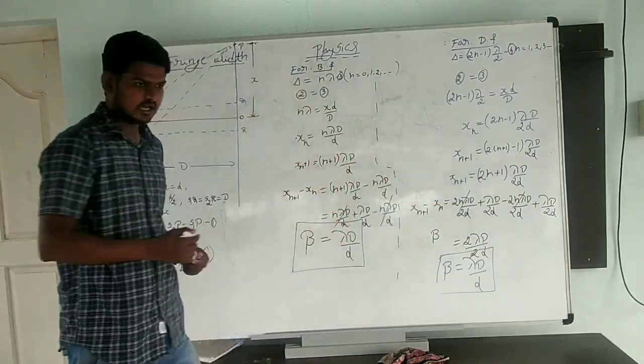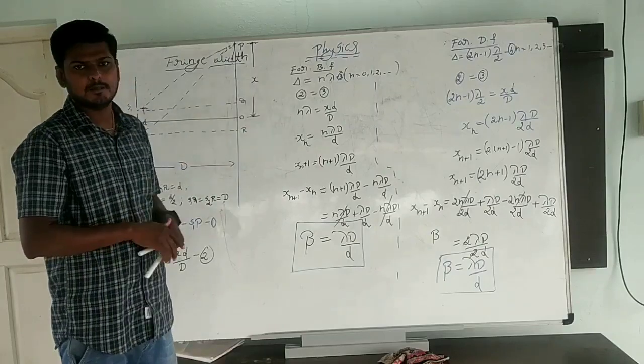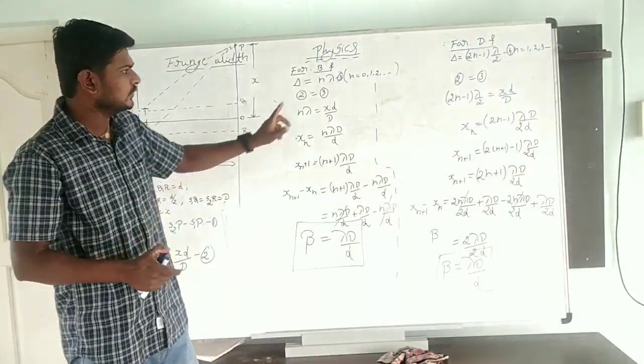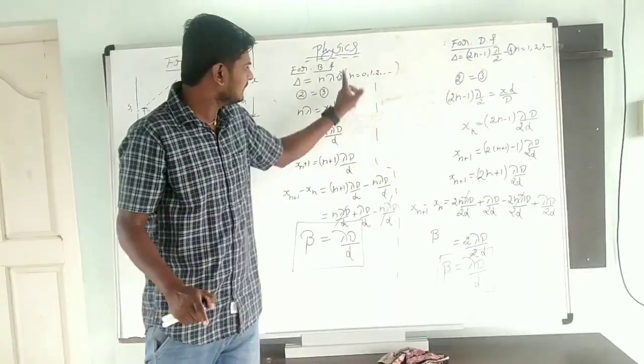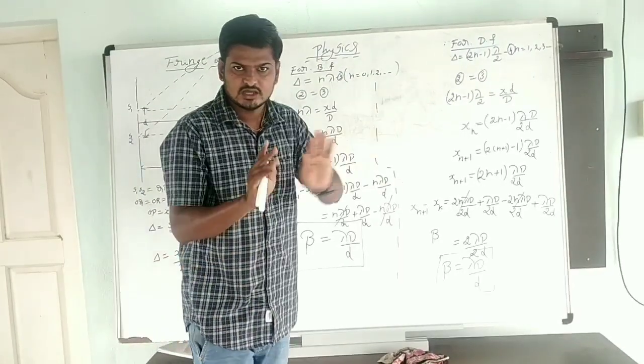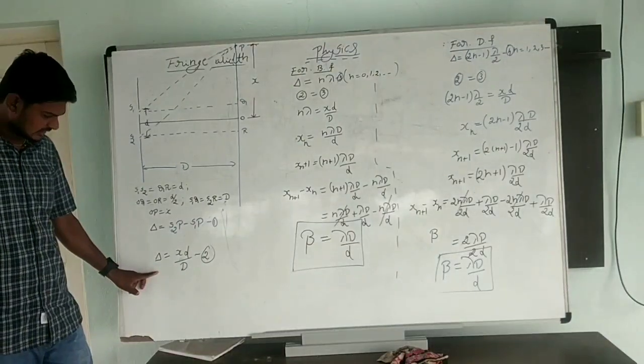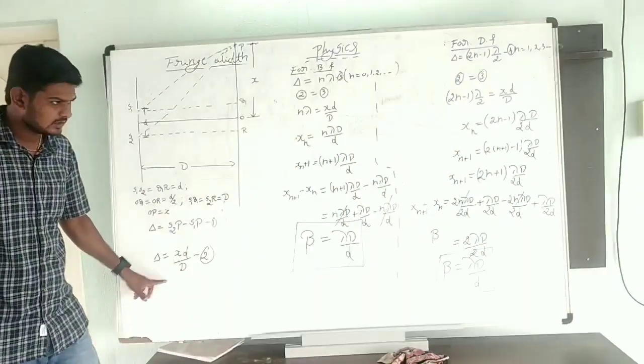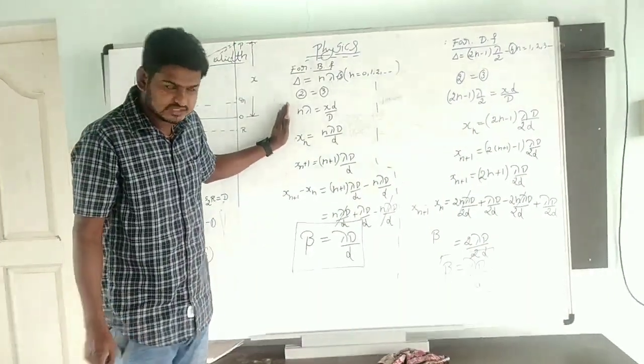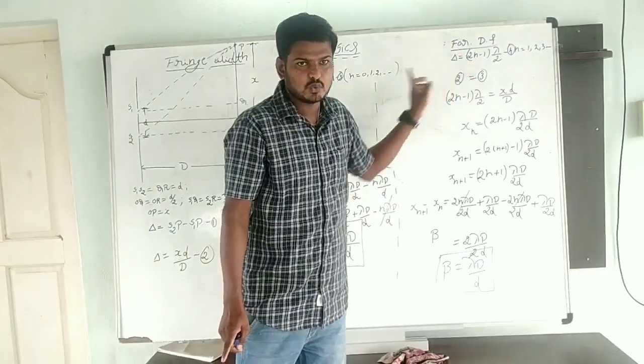This one we took dark fringes, the earlier one we took bright fringes. In the exam, you can do any one. Both bright fringes and dark fringes is not necessary. After deriving the path difference delta is equal to xd divided by capital D, you can do only bright fringe or only dark fringe. Any one is enough.